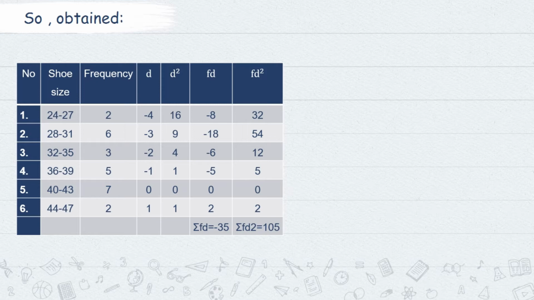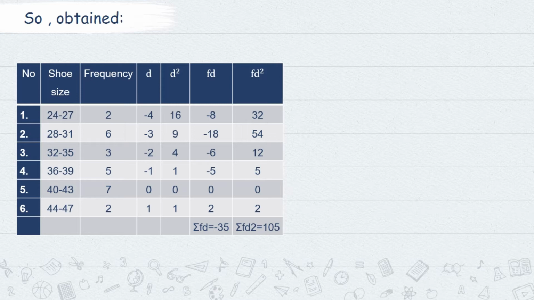Number 2, the shoe size between 28 until 31, the frequency is 6, the deviation is -3, deviation square is 9, frequency multiply deviation is -18, frequency multiply deviation square is 54. Number 3, the shoe size between 32 until 35, the frequency is 3, deviation is -2, deviation square is 4, frequency multiply deviation is -6, frequency multiply deviation square is 12.